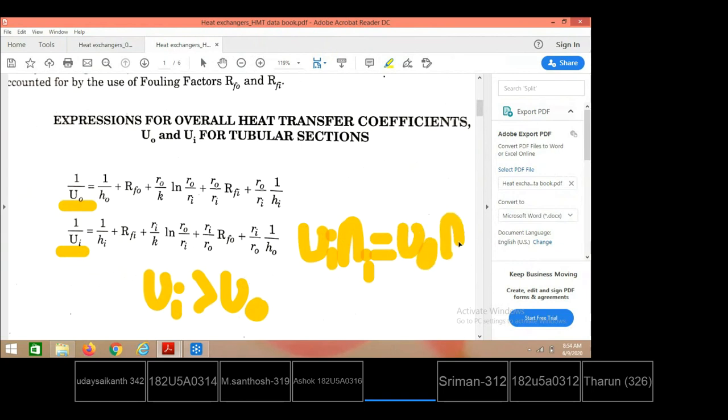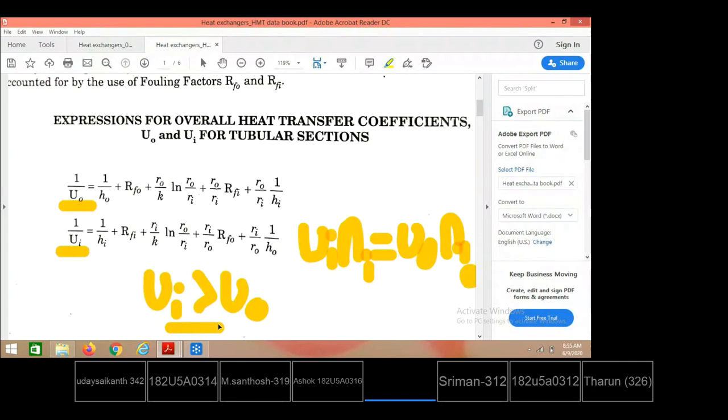Compared to Ai, Ao is larger. Ao is larger than Ai, therefore Ui is always greater than Uo. That is why we come across two different overall heat transfer coefficients.